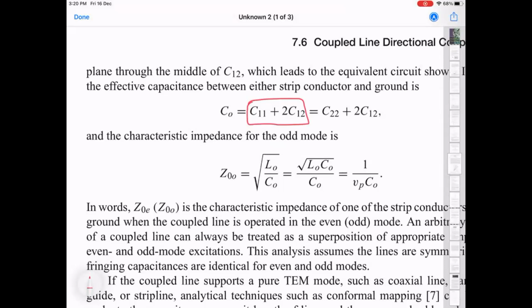So when you go from two individual transmission lines to a coupled transmission line, you now represent everything in terms of the even mode impedance and the odd mode impedance. The individual properties sort of don't make sense anymore once they are coupled. But of course, at the edges, if this is a finite section of a coupled transmission line, you have to talk about the characteristic impedance of the system you're working in.